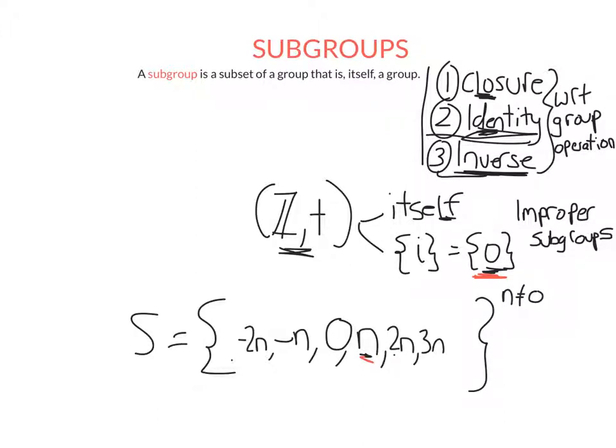And similarly, I would need to include minus 3n as well, and so on. So this subgroup will be infinite, just like the original group. So what we have are positive and negative multiples of n.